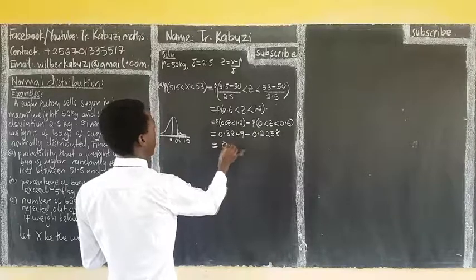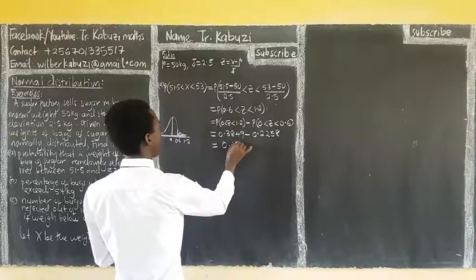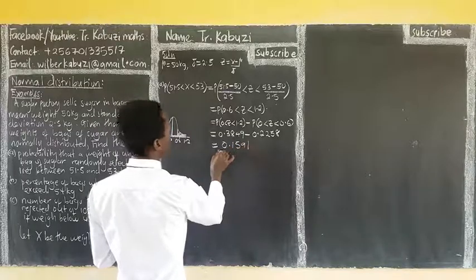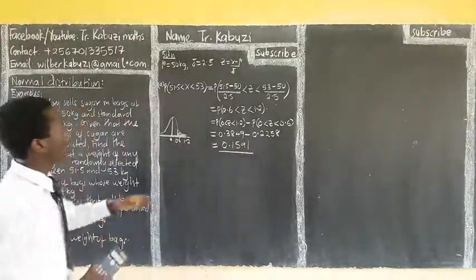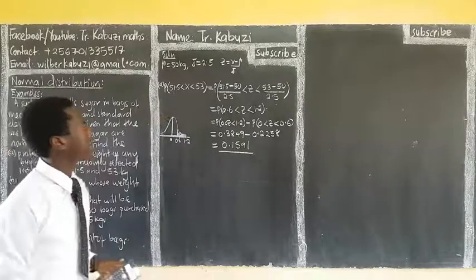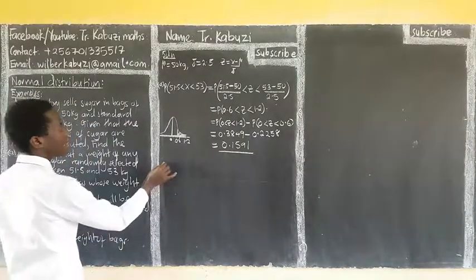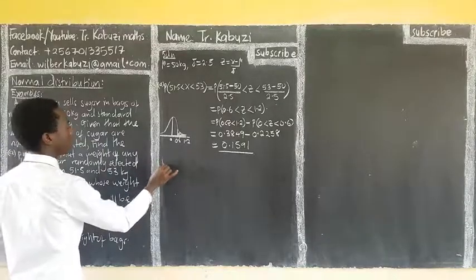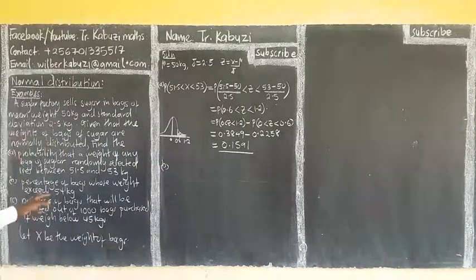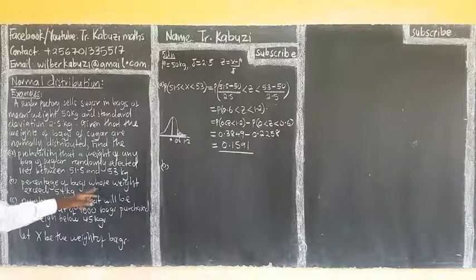We get 0.1591. That's the probability that a bag will be between these weights. Then when we come to part B, find the percentage of bags whose weight exceeds 54.